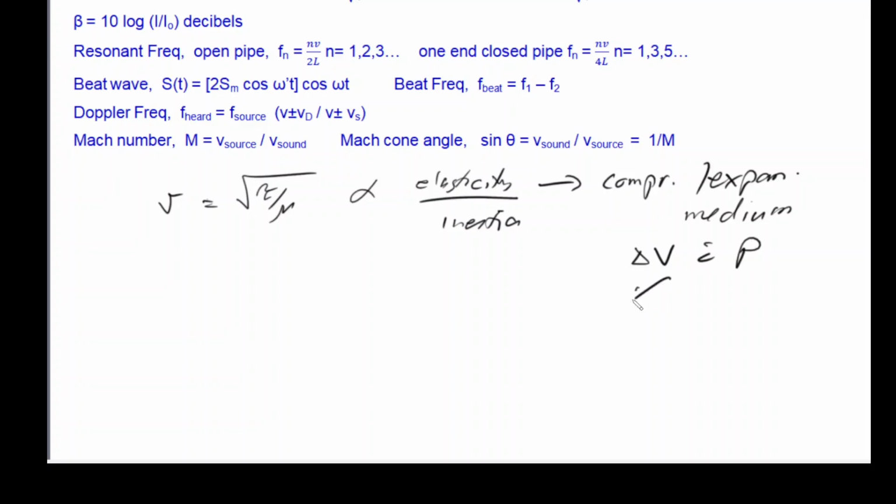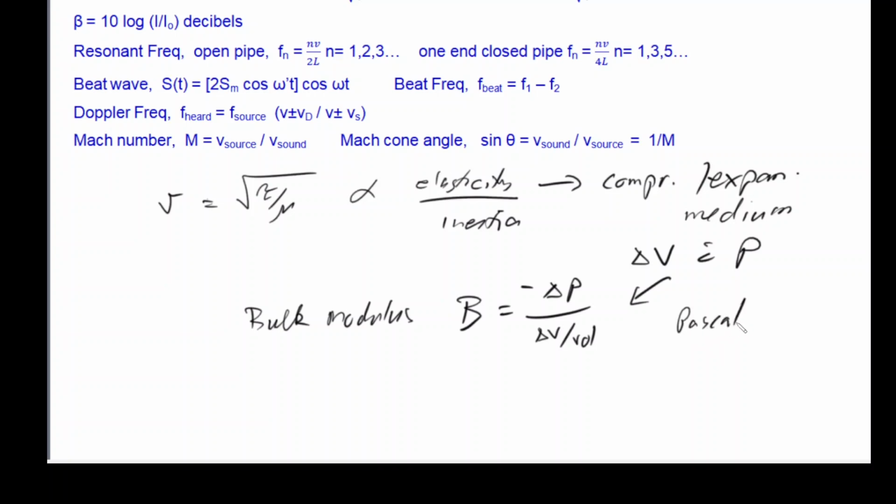And that's given by the bulk modulus, B, if you remember. And that's equal to minus the change in pressure over the change in volume over the starting volume. And the units for B is pascals, Pa.